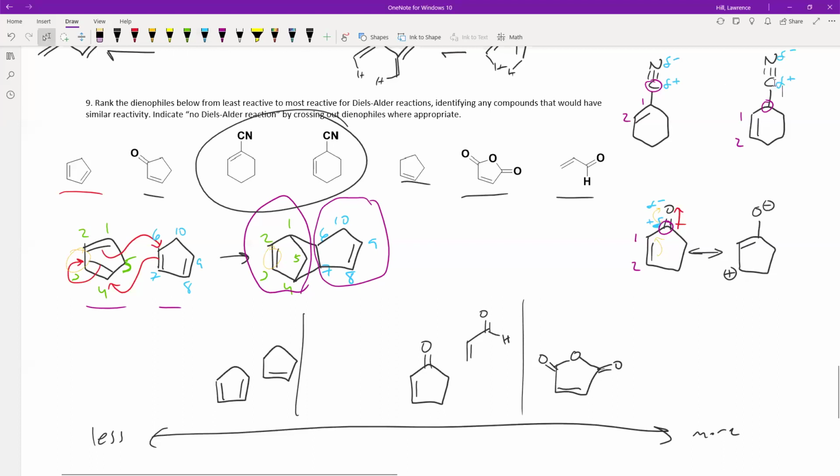Here, the partial positive charge is separated from the alkene by an sp3 hybridized carbon. Therefore, we can't consider resonance in this second case. So this case over here, we're not going to consider resonance. This one we will. And so for that, we expect the cyano group or the nitrile group that is directly attached to the double bond to be more reactive, and the one that is further away to be less reactive, but still more reactive than a normal alkene.